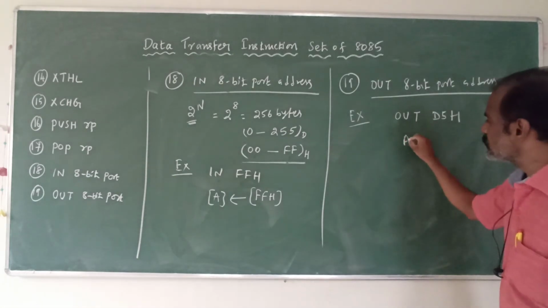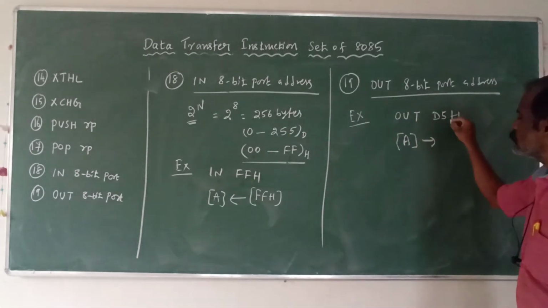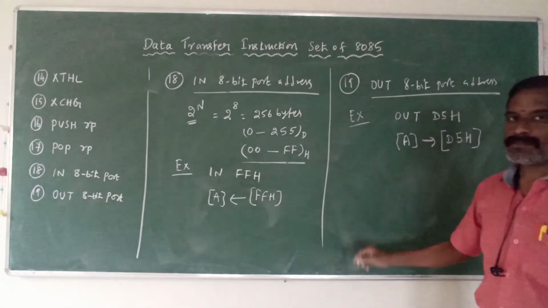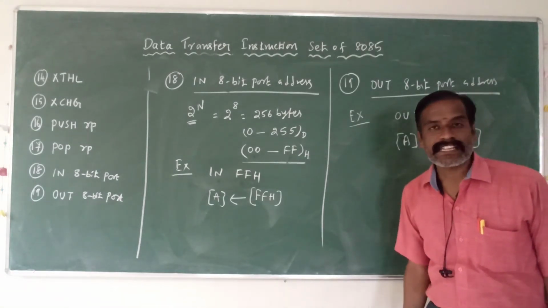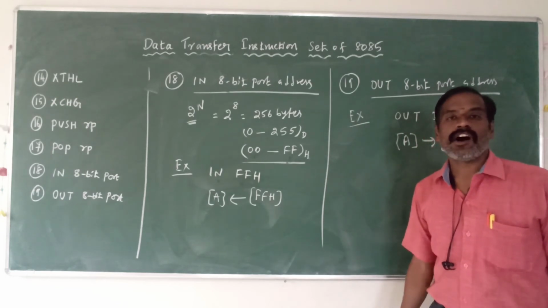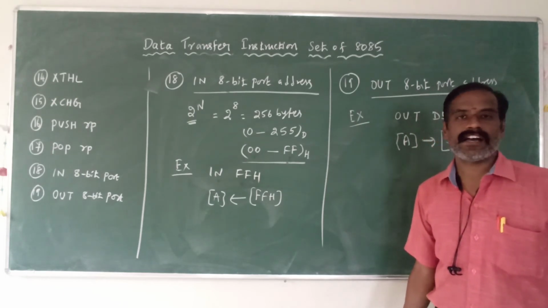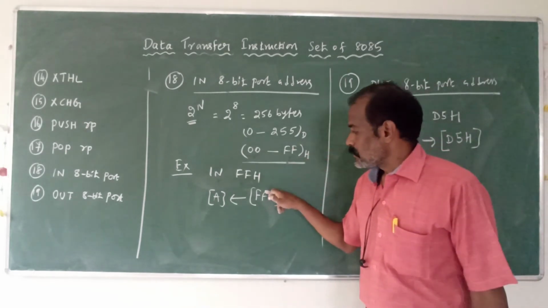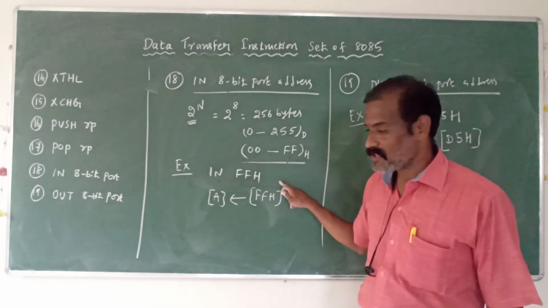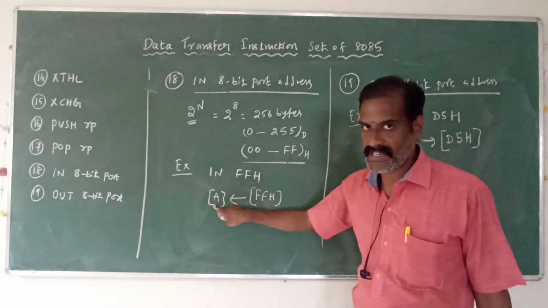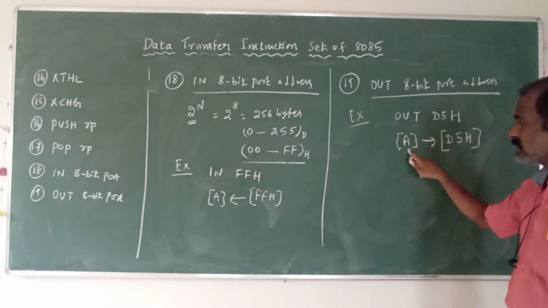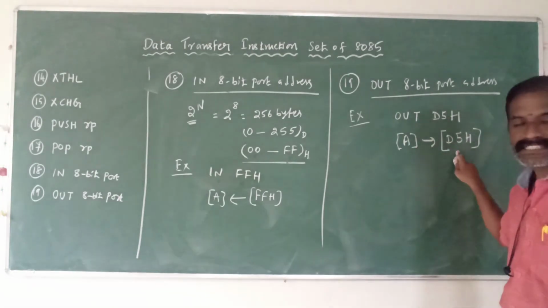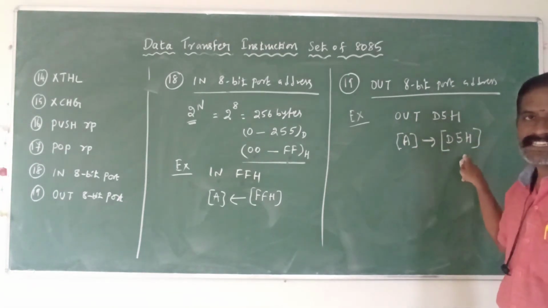OUT means the accumulator data is displayed at the given 8-bit port address. Here the 8-bit port address will be connected to either an LED or a 7-segment display. For IN, the data read from the keyboard or switch is moved into the accumulator. Now the accumulator content is displayed at the given 8-bit port address, either LED or 7-segment.